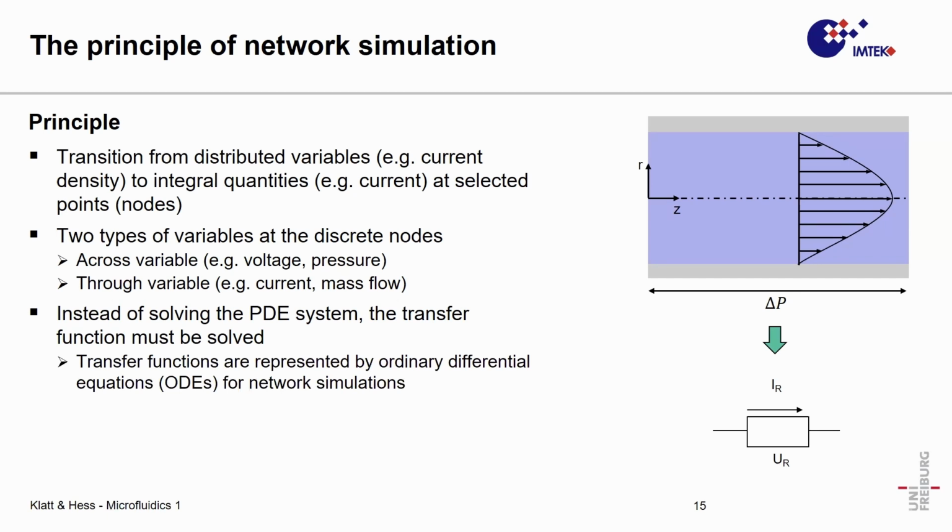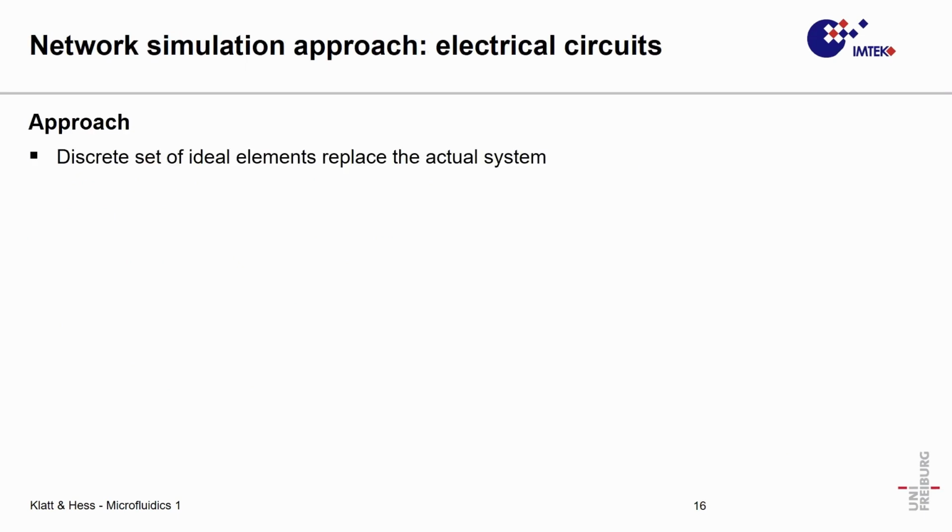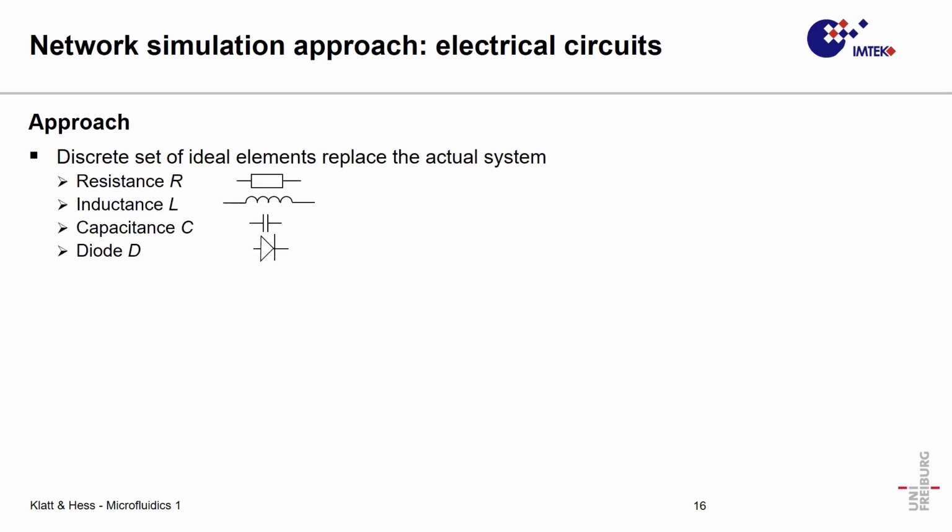And this principle can now be used to actually set up a network simulation approach. And this is done by replacing the actual system with a discrete set of ideal elements. For example, you can replace elements which have a resistance type of behavior with a resistance, and so on. So you should know these elements: resistance, inductance, capacitance, and the diode already from electrodynamics.